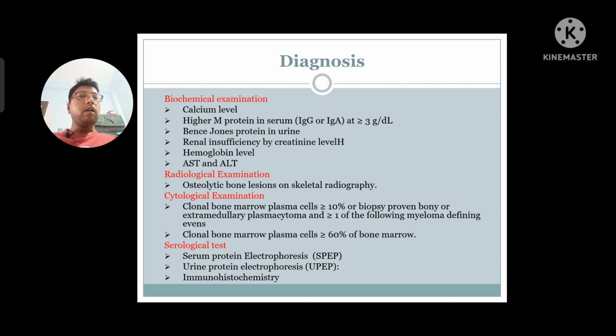If other clonal bone marrow plasma cells are more than 60%, it should be considered multiple myeloma. Next, diagnosis should be done with serological tests like serum protein electrophoresis, urine protein electrophoresis, and immunohistochemistry.